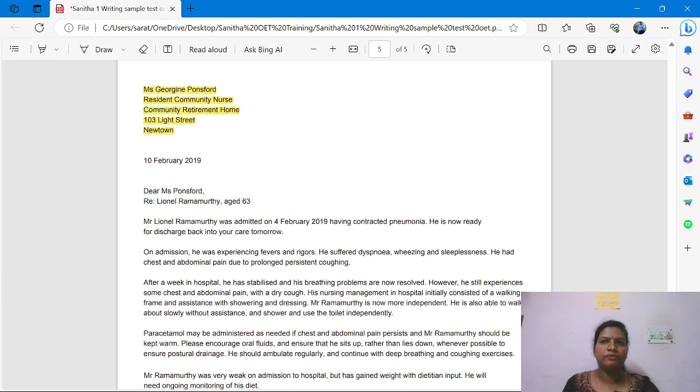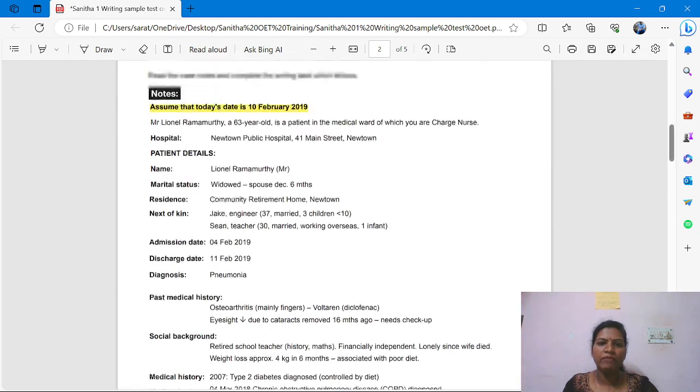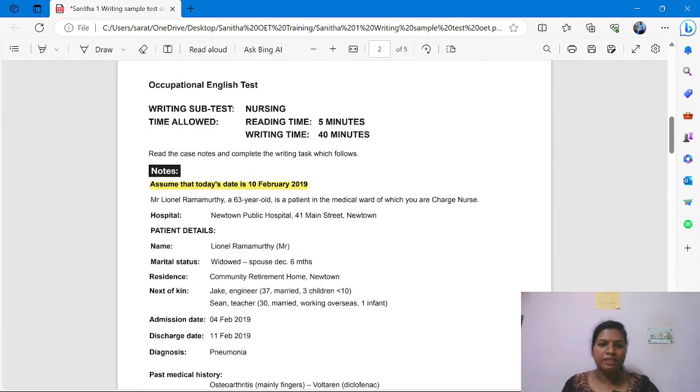Then after that, you have to write a reference. Who is being referred? Mr. Leonard Ramamurthy. From where will we get it? Leonard Ramamurthy, a 63-year-old, is a patient in the medical care ward of which you are in charge. You will get the patient details there.